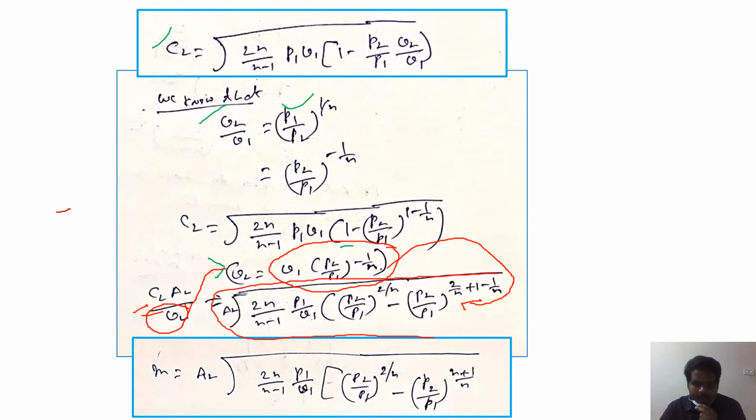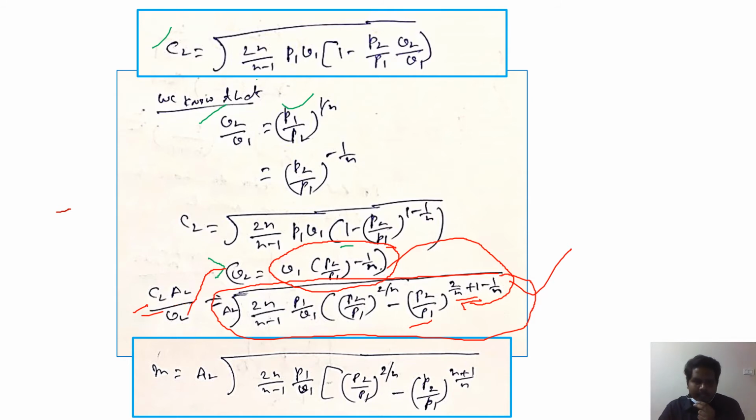That is 2n by n minus 1 into P1 by V1 into (P2 by P1) whole power 2 by n minus (P2 by P1) whole power n plus 1 by n. Practice this equation at home so that it will be easy for you.